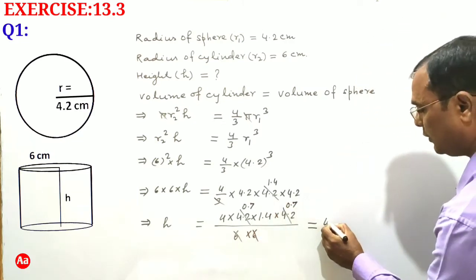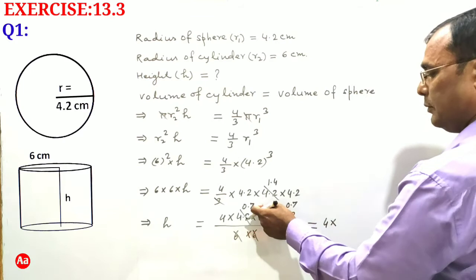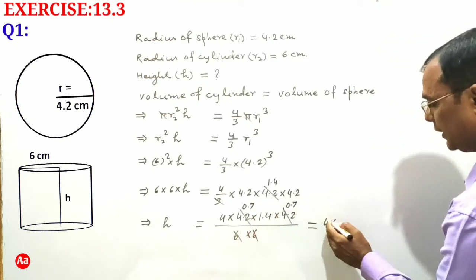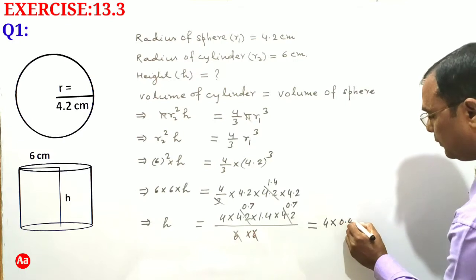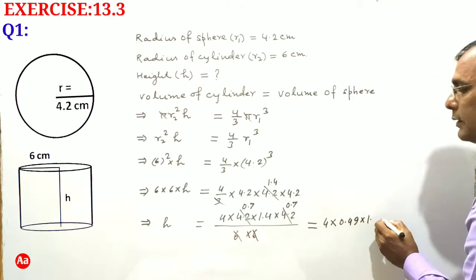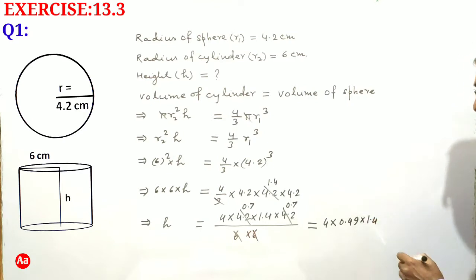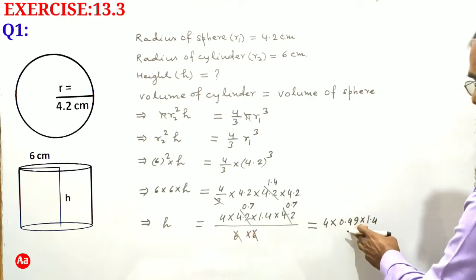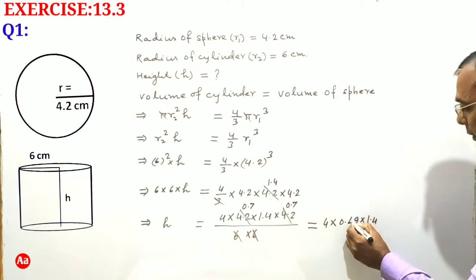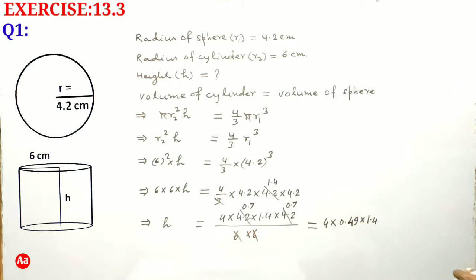So 4 into 0.7 into 0.7 into 1.4. So 0.49 into 1.4, and 4 into 0.49 into 1.4.